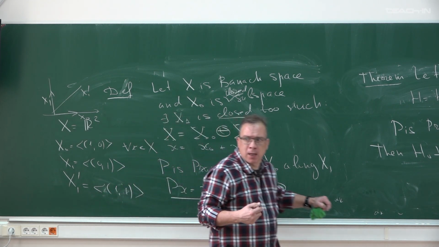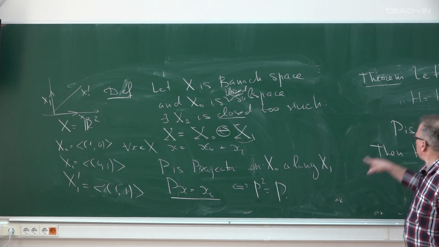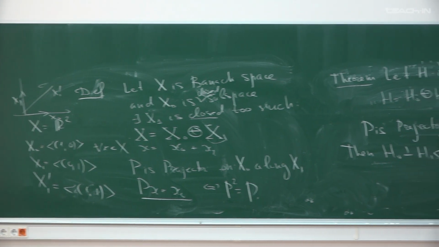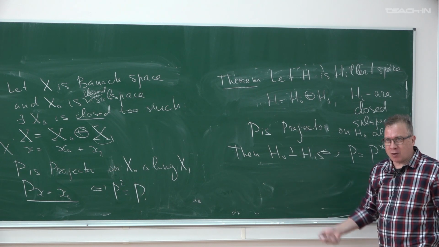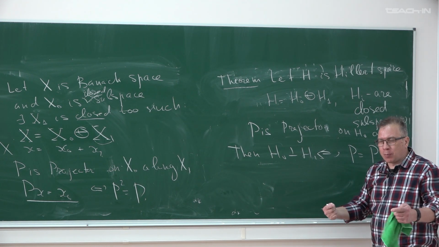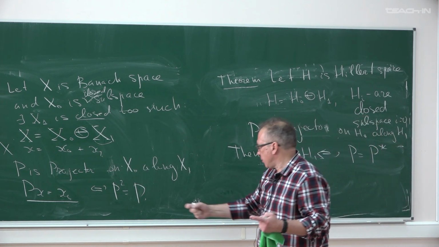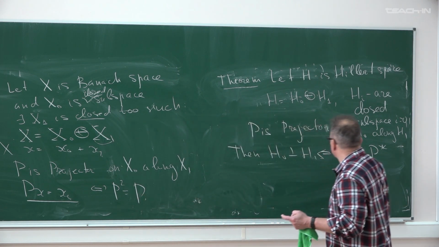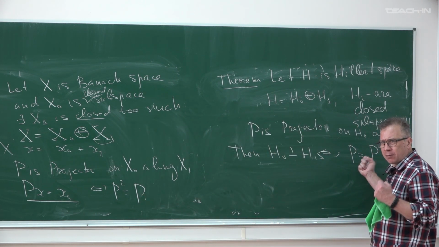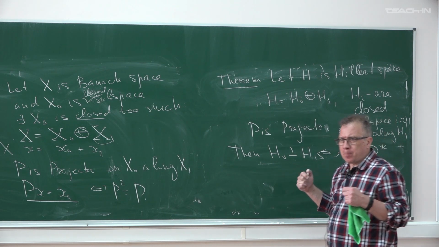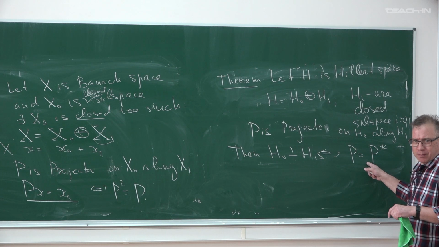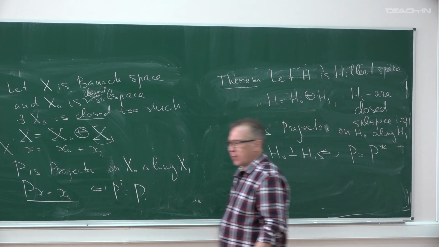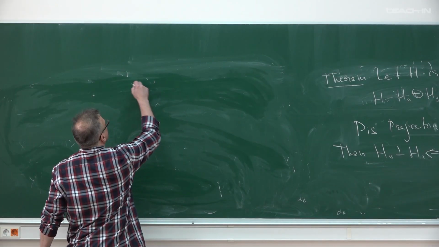But do we need to require it in that case? Orthogonal projectors satisfy two conditions: this condition and this condition. This is a projector and this is an orthogonal projector.